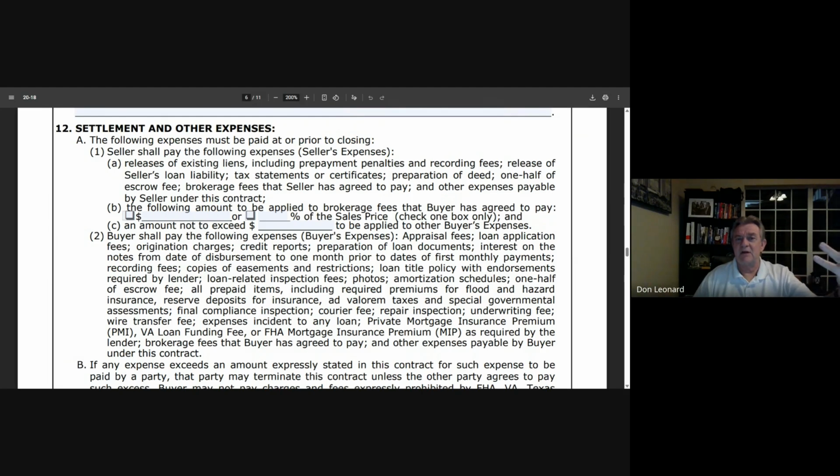But if our listing agreement has 5B filled in, where it says that the seller has only agreed to pay our commission and nothing to the buyer, then it's going to have to show up in Section 12. It depends on how the listing agent has filled out the listing agreement.